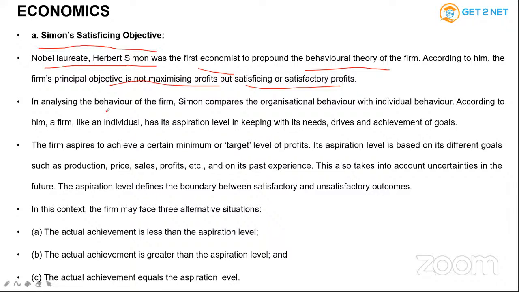When analyzing the behavior of the firm, Herbert Simon compared organizational behavior with individual behavior. According to him, a firm like an individual has its aspiration level in keeping with its needs, drives and achievement of goals. The thirst for achieving goals, needs and drives that an individual has is the same for a firm or organization. The firm aspires to achieve a certain minimum or target level of profits.